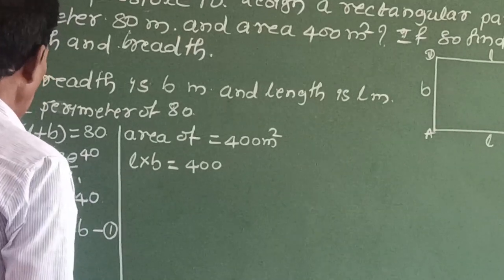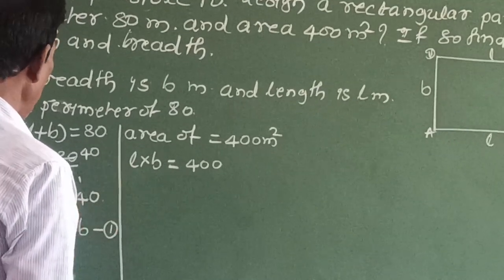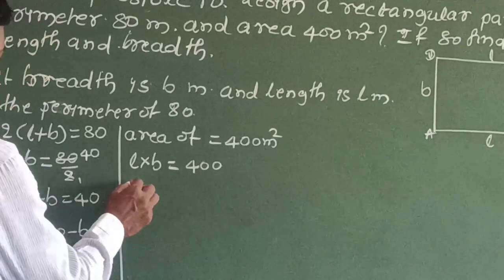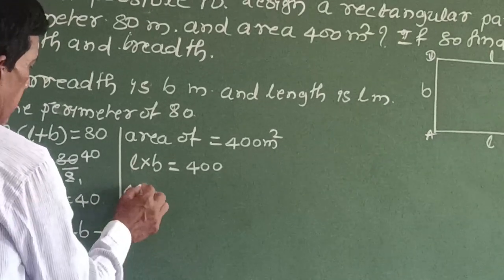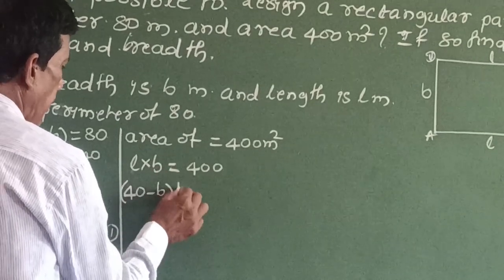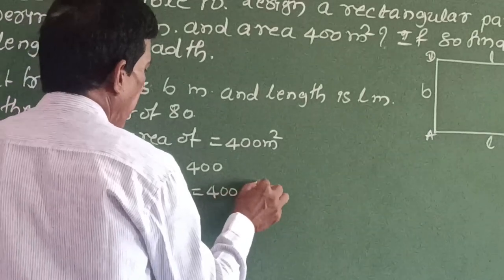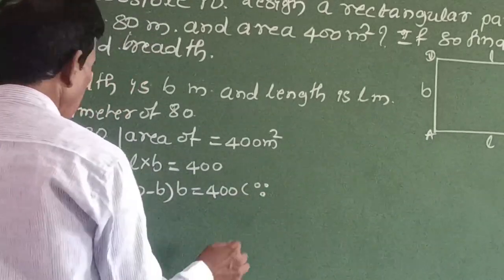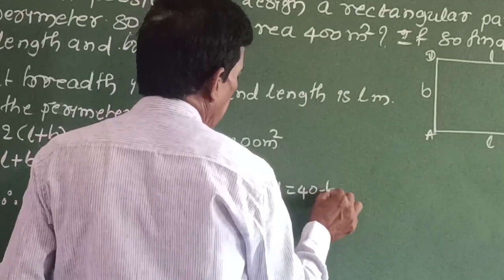L is 40 minus B. So substitute L equal to 40 minus B: bracket 40 minus B, bracket B equal to 400.